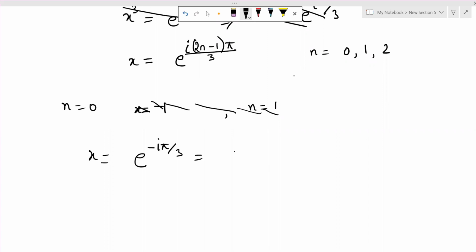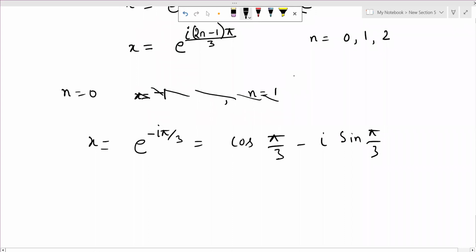So what is this? Cos pi by 3 minus iota sin pi by 3. So what is cos pi by 3? Half. And sin pi by 3? Root 3 by 2.